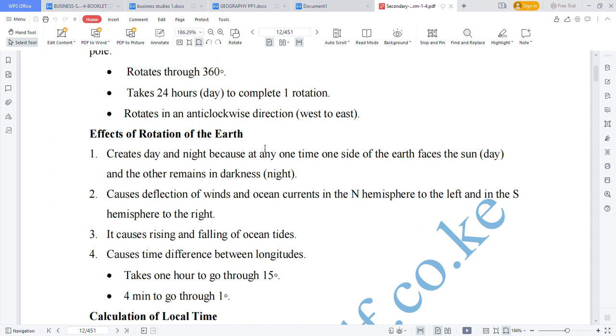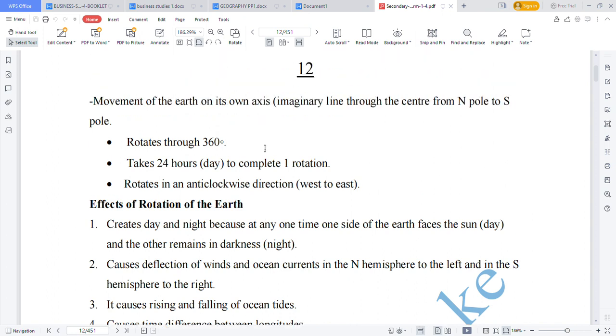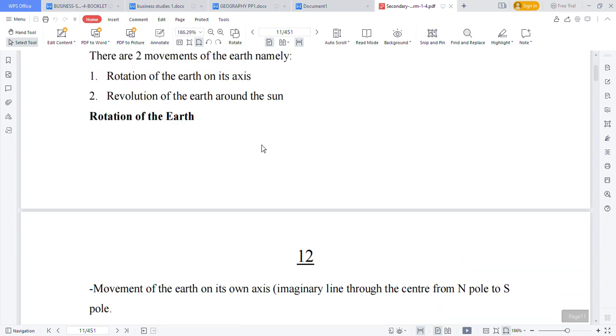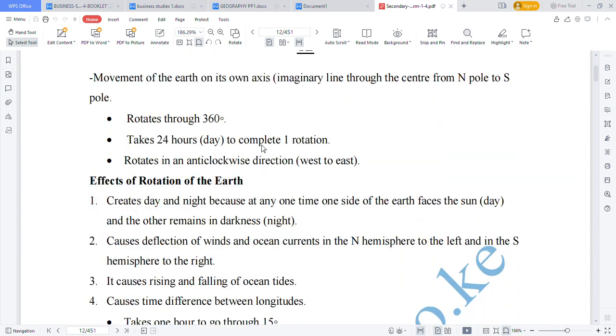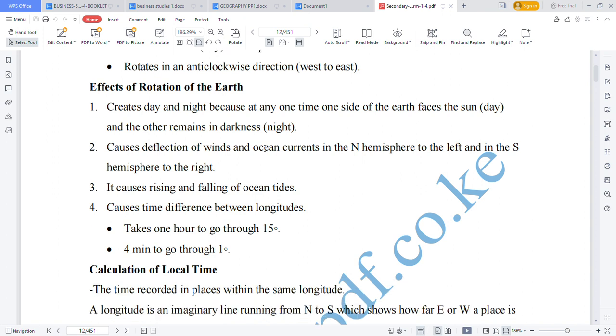It takes 24 hours to complete one rotation. It rotates in an anti-clockwise direction, west to east. So that is rotation of the earth.